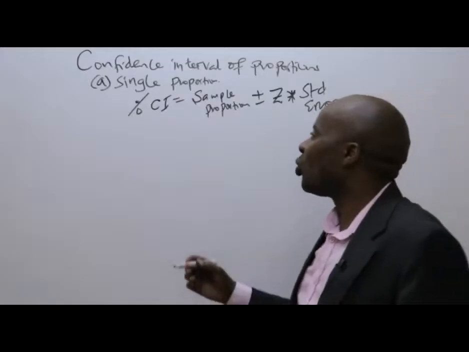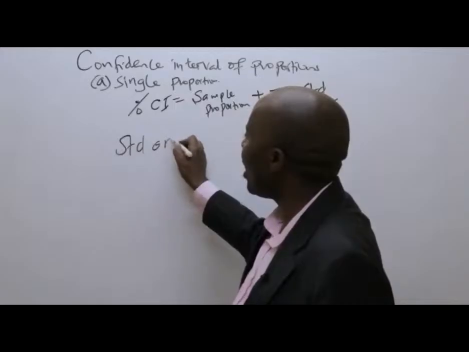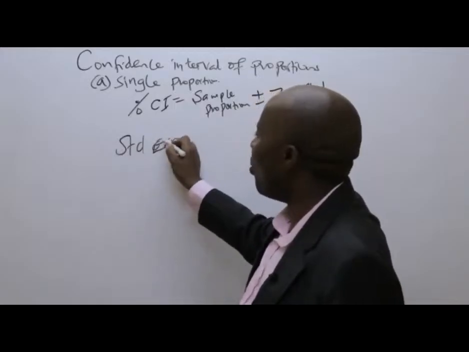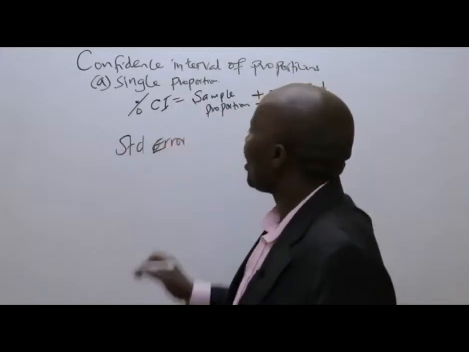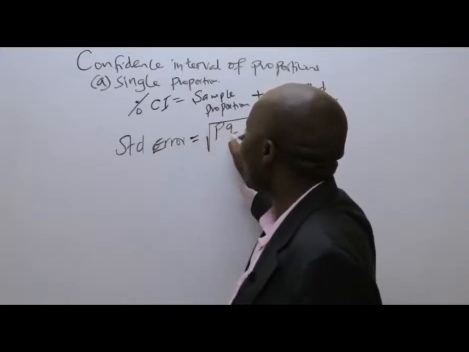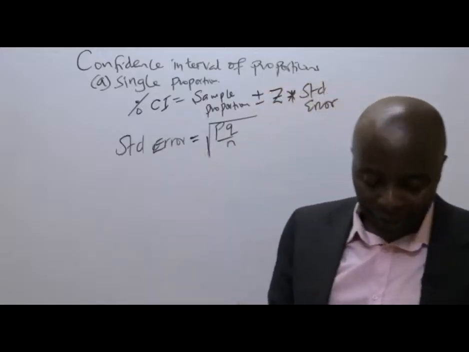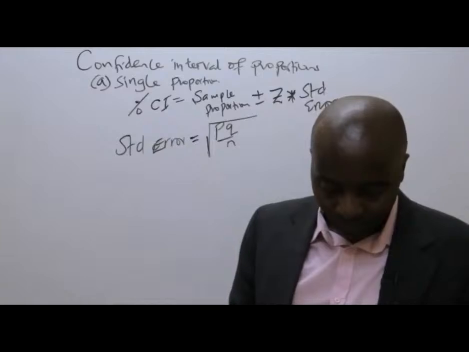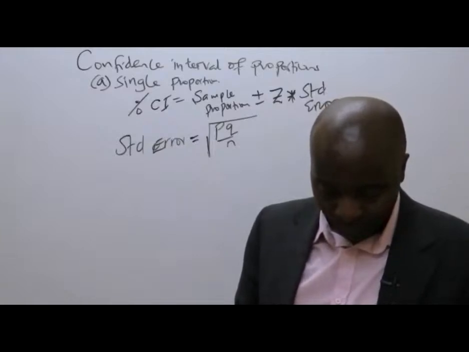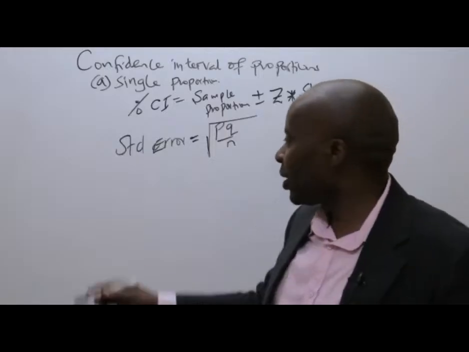But now, how do we get the standard error in situations where we have proportions? To get the standard error here, we'll be taking P multiplied by Q, all over N. Ladies and gentlemen, this is quite important.